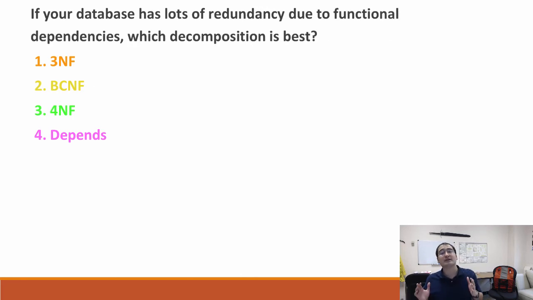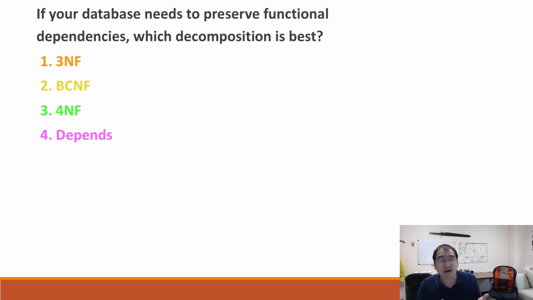Okay, what if you have lots of redundancy due to functional dependencies? Which decomposition should you perform? Well, you probably want to do the decomposition into Boyce-Codd normal form, because Boyce-Codd normal form reduces redundancy due to functional dependency. You could also put it into fourth normal form as well, but that may not be necessary for your purposes. What about if you need to preserve functional dependencies?